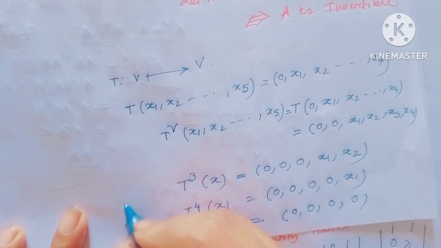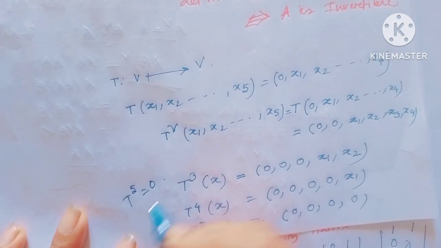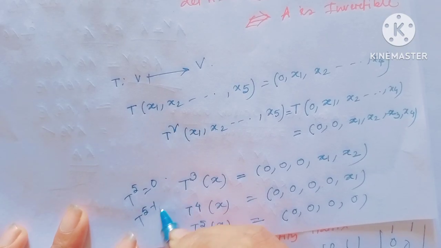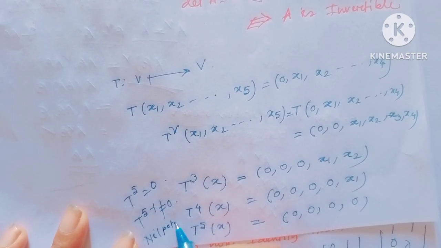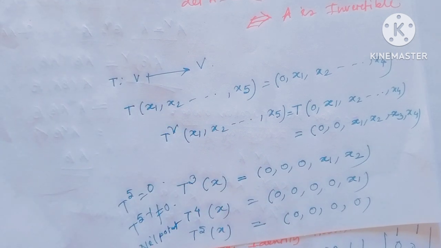Therefore, the operator T to the power 5 equals 0, but T to the power 5 minus 1 is not equal to 0. That means this operator is a nilpotent operator.